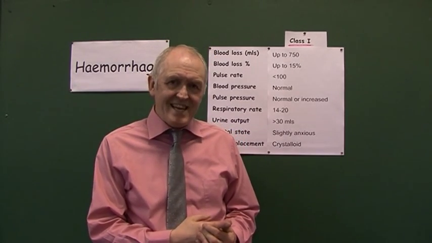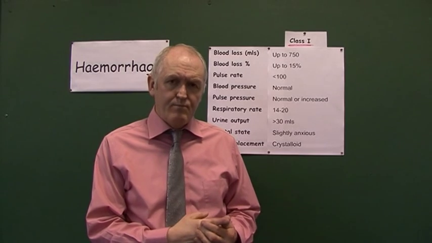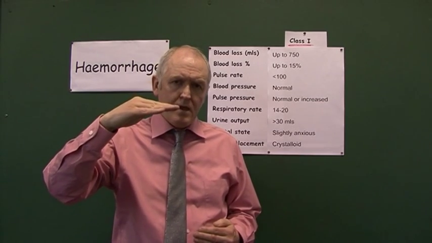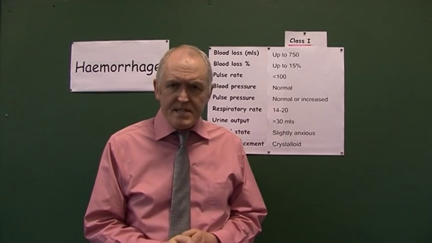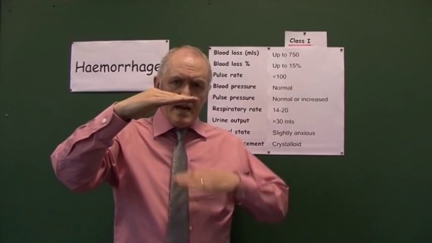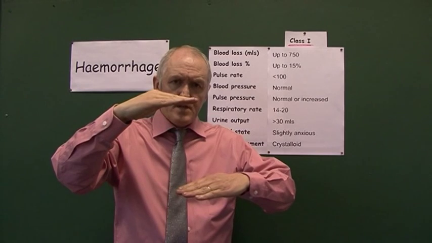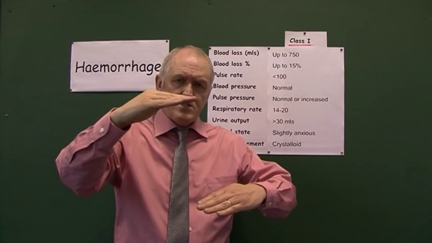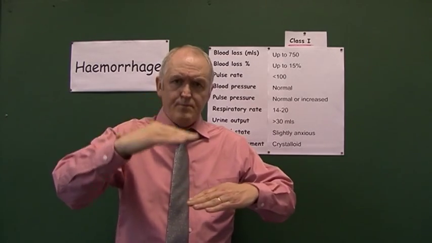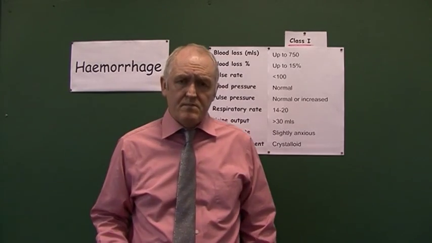their blood pressure, particularly their systolic blood pressure, that's the first one, but also the pulse pressure. And the pulse pressure is the difference between the systolic and the diastolic blood pressure. So at 120 over 80, 120 systolic, 80 diastolic, the pulse pressure is going to be 40 millimetres of mercury.